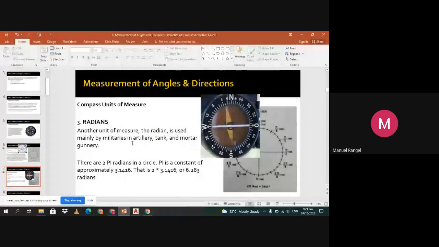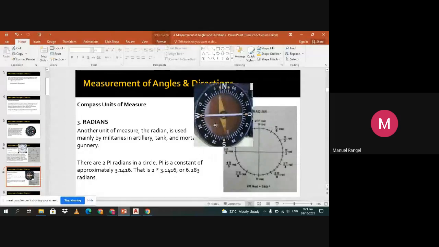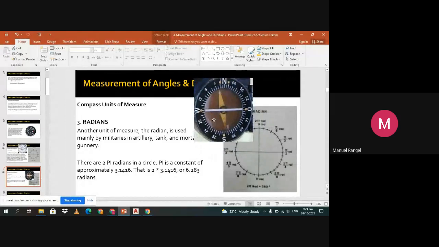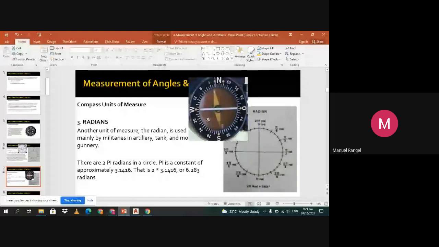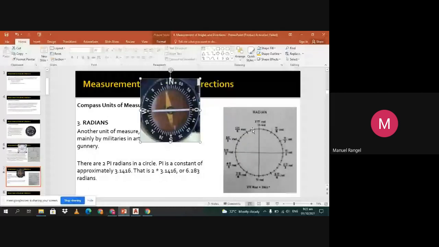And another unit of measure is the radians, no? Mostly used in calculators, in computation, and in computer software. The mil is used mainly by militaries in artillery, tank, and mortar gunnery. So only the military uses mils. So there are 2 pi radians in a circle.